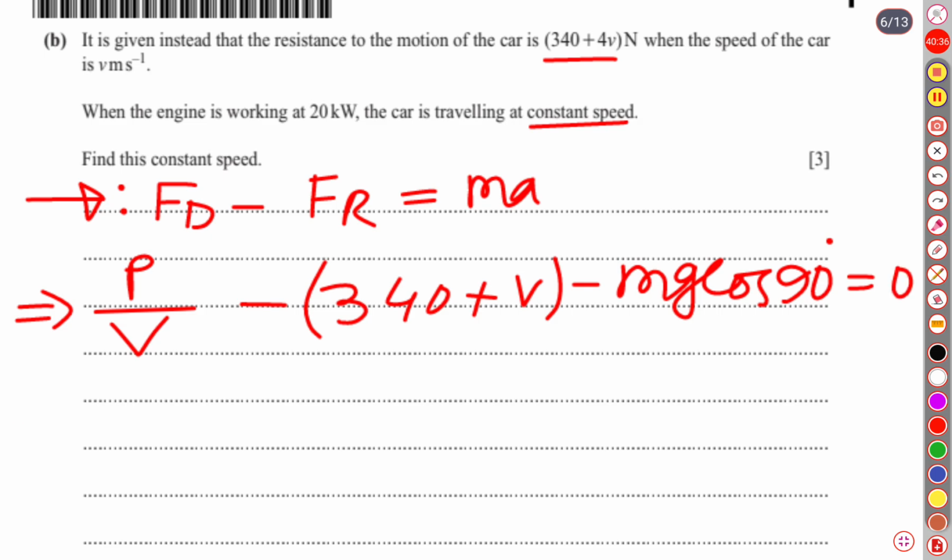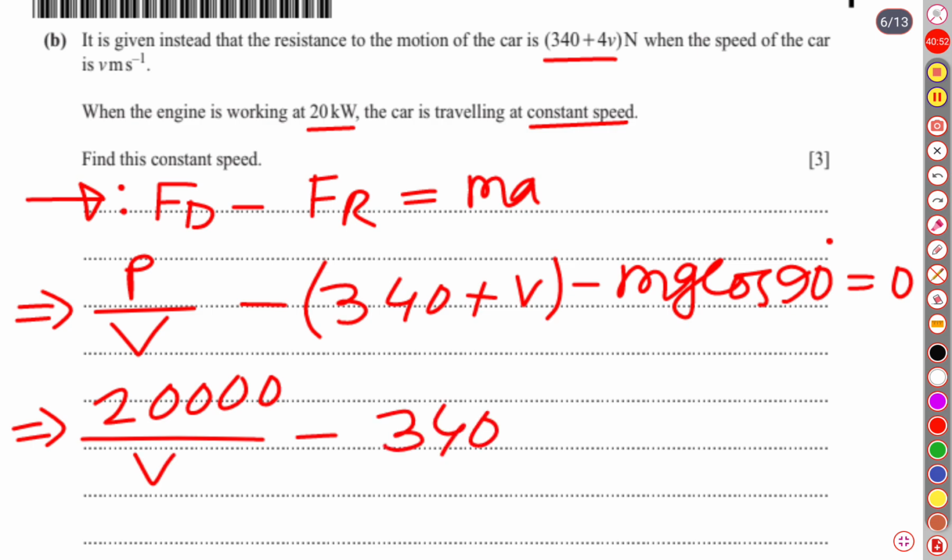In this case, power is 20,000 and velocity is to be obtained, minus 340 minus v equal to 0.